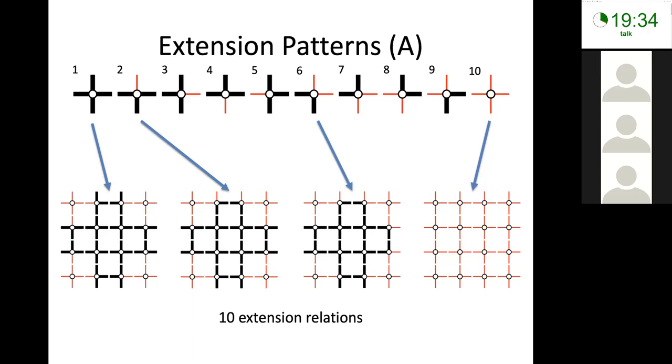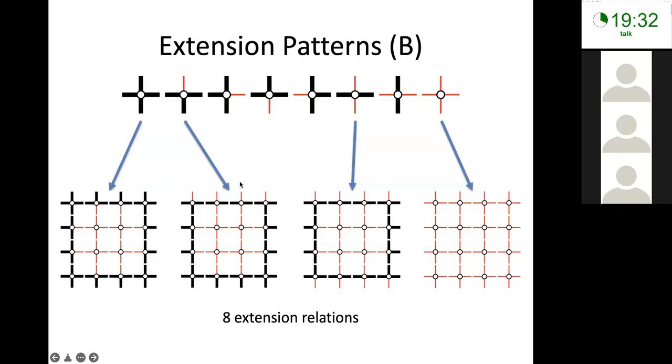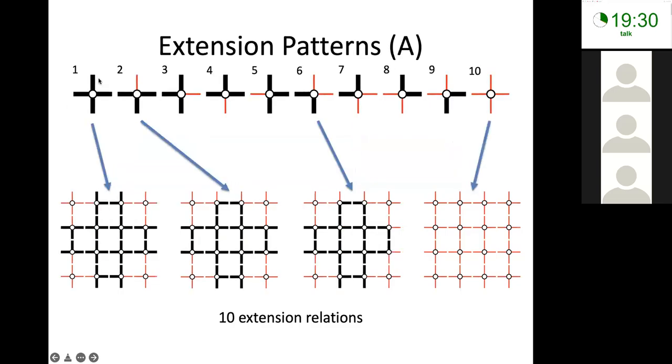So for example, when we extend tensor type 1, we would need 4 copies of tensor 1, 4 copies of tensor type 10, which go into the corners, and then 2 tensors each of types 2, 3, 4, and 5, right?